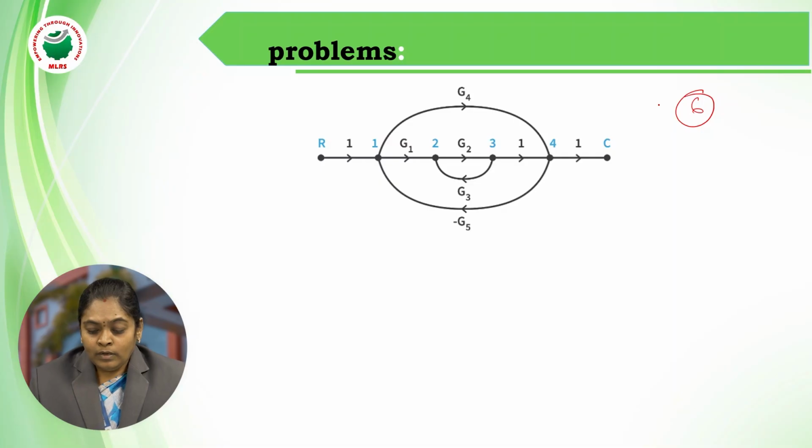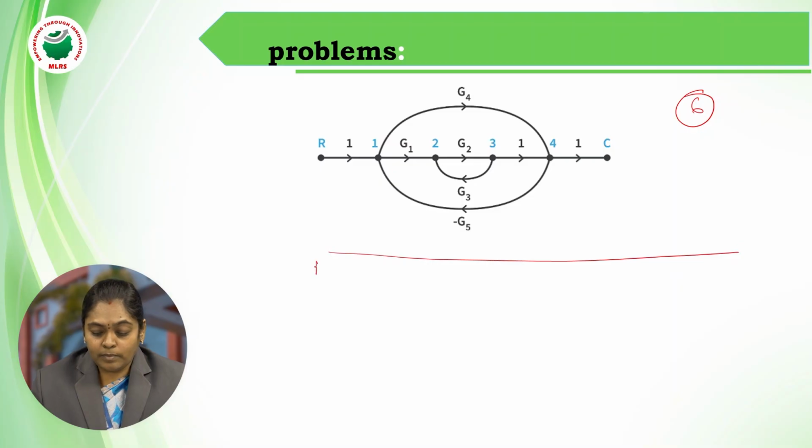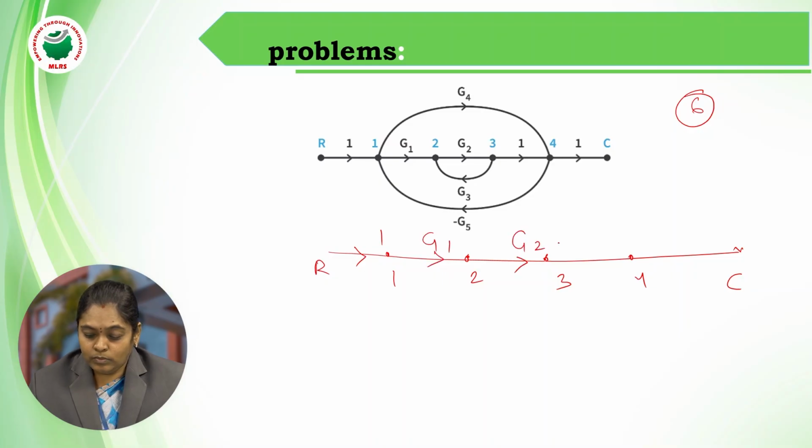And if you observe here, in how many ways is my signal going to be transferred from input to output? The first path is a straight line from R, 1, 2, 3, 4, C. This is 1. This is G1, G2, 1 and 1.